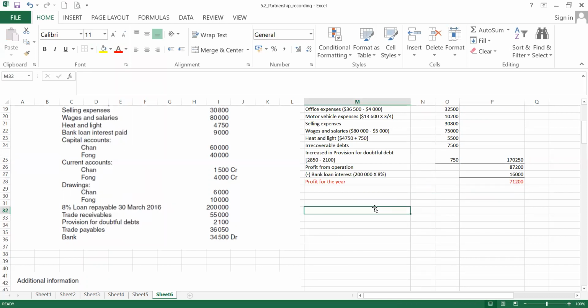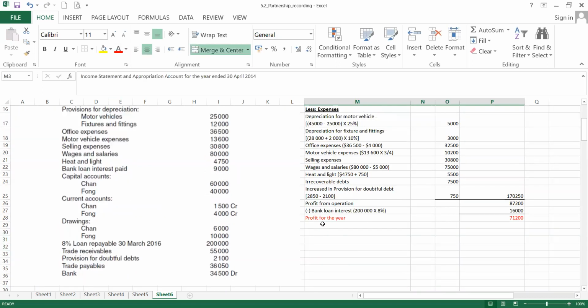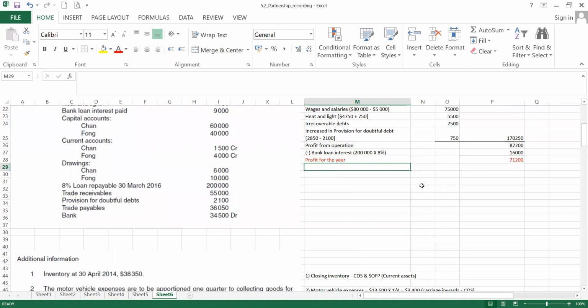And the question, because they combine the appropriation account, I will just prepare the standard first. Add interest. This is like a formula. Please memorize it. Interest on drawing. Who is the partner in this question? This partner is Chan and Fong.